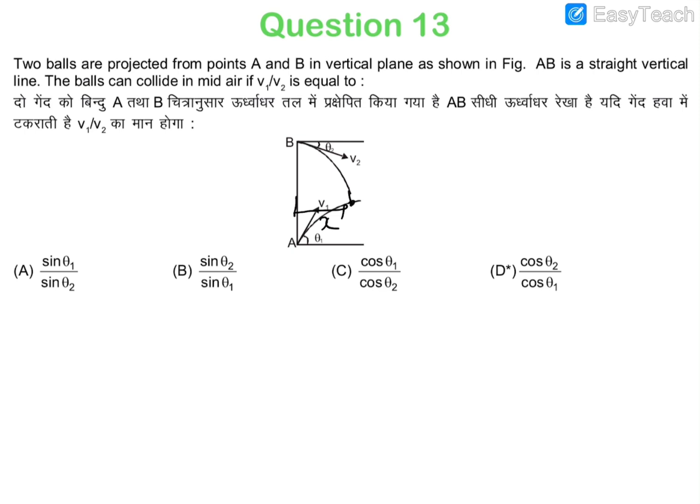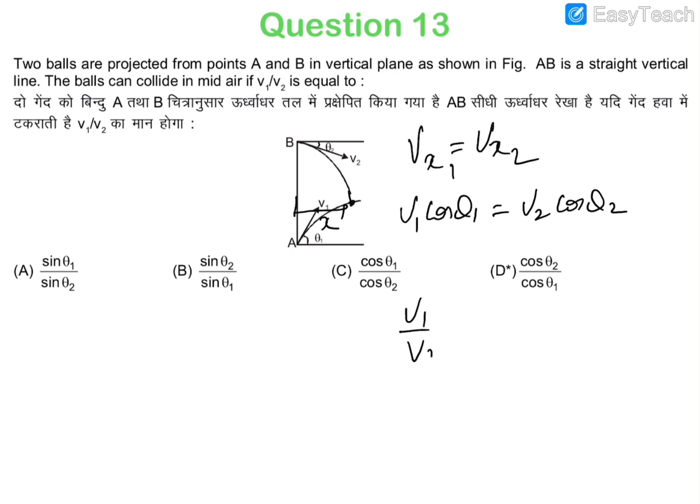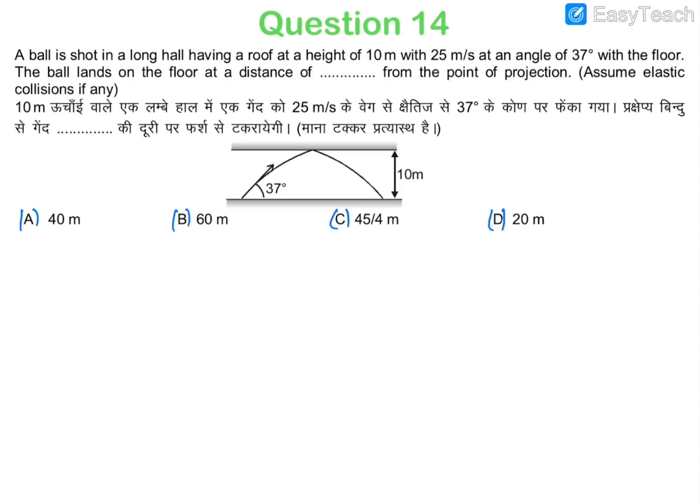So the velocity of each ball in the x direction will be the same. So Vx1 and Vx2 would be same. So V1 cos theta 1 would be equal to V2 cos theta 2. So V1 by V2 will be equal to cos theta 2 by cos theta 1. So D is the correct option. Now we move on to the next question.